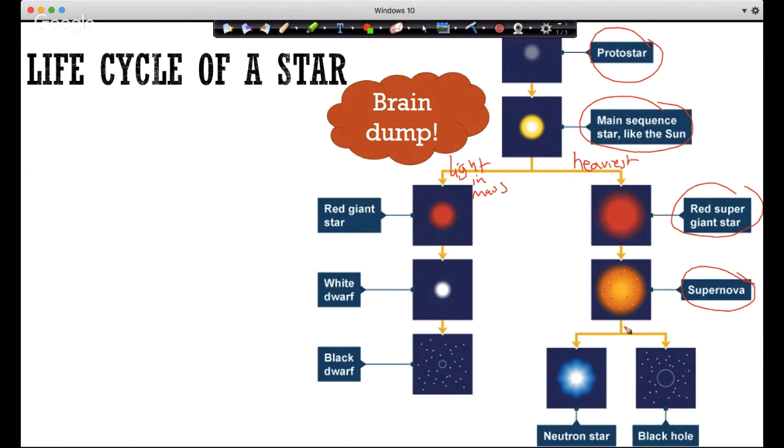Now for the medium stars, heavier than the ones on the light side, they're going to turn into a neutron star. And if they're really heavy, they're going to go from a neutron star and collapse into a black hole. The only thing you need to know about a black hole is light cannot escape it. Okay, so what else might we need to know? When the star first lights up, that's when it starts fusion.